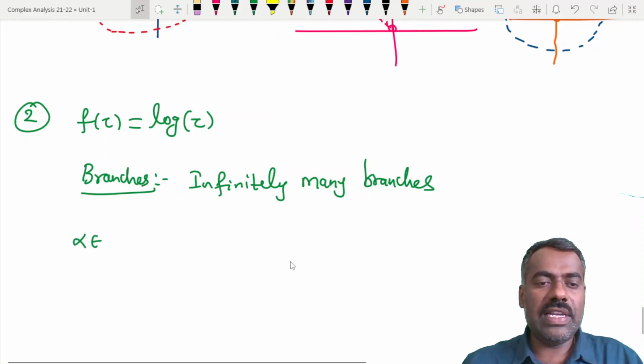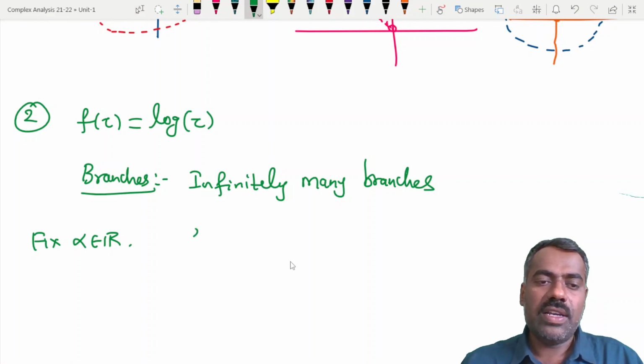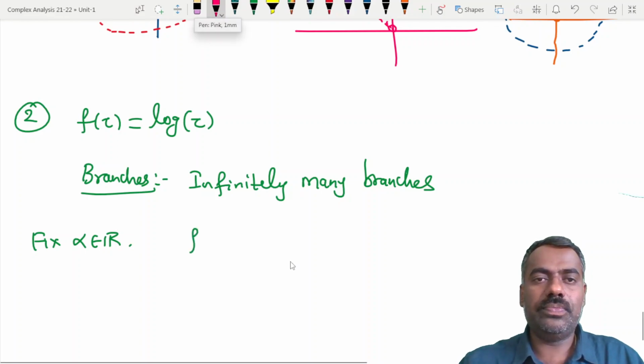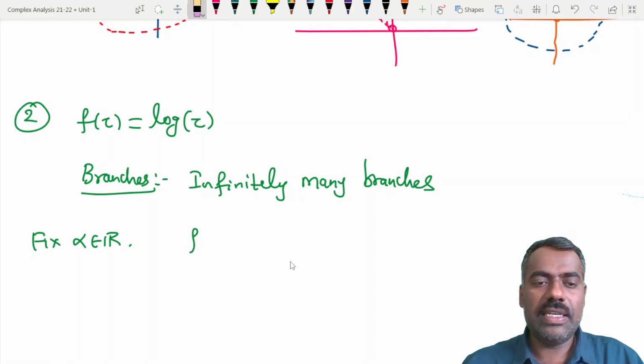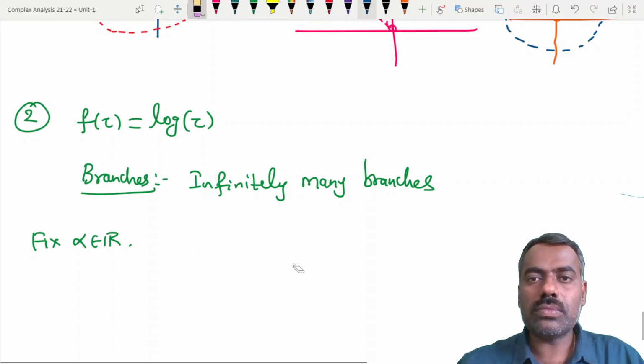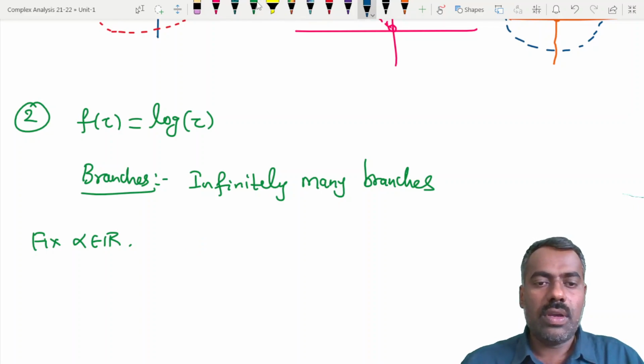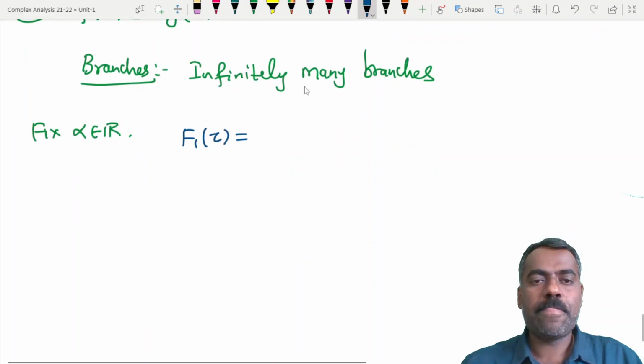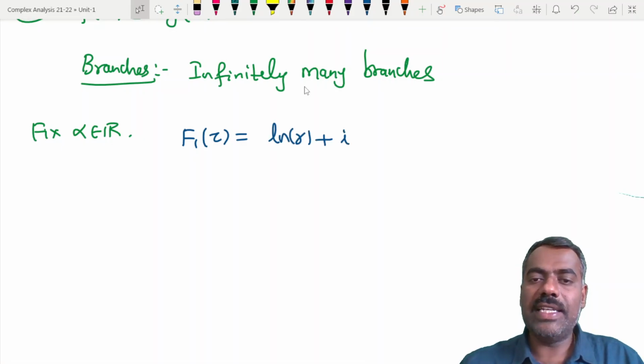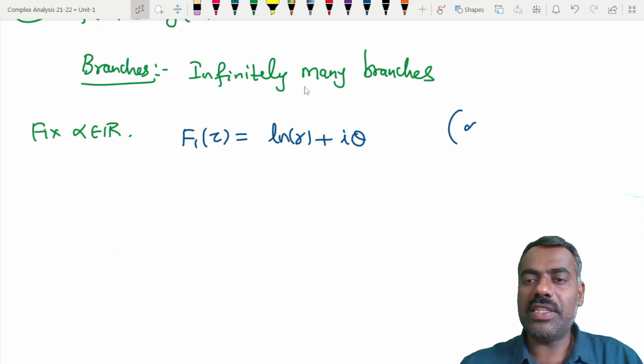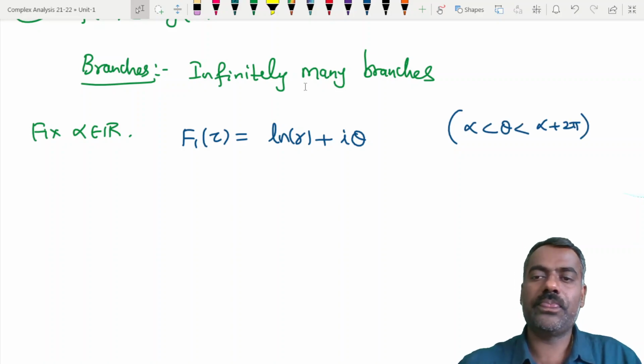So what you will get? You fix any real number alpha, then you can write here, say f1 of z, for example, is the natural logarithm of r plus i times theta, where your theta is between alpha to alpha plus 2 pi.